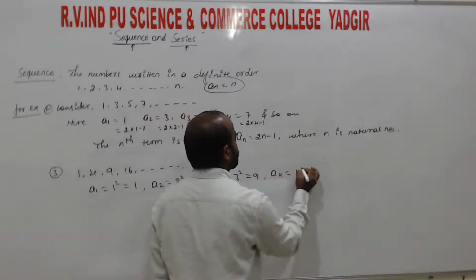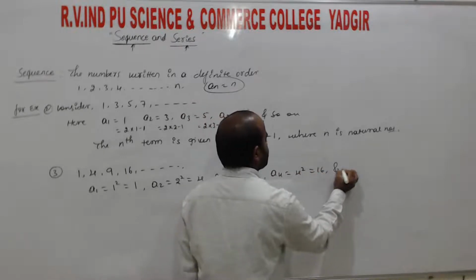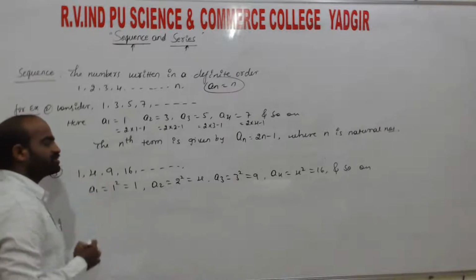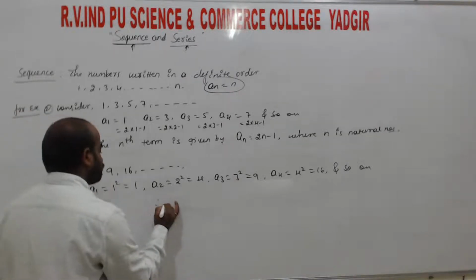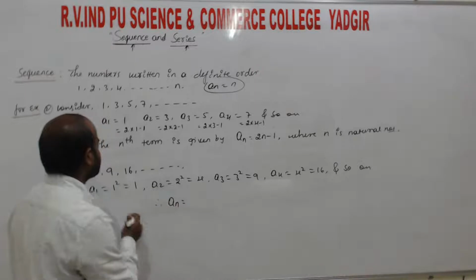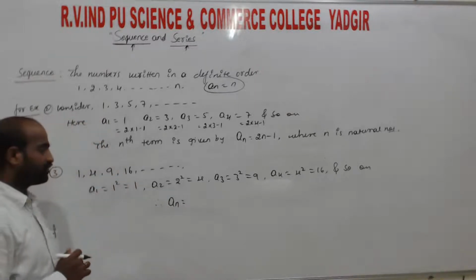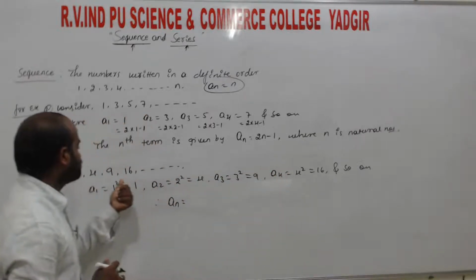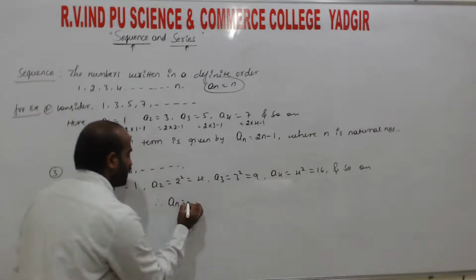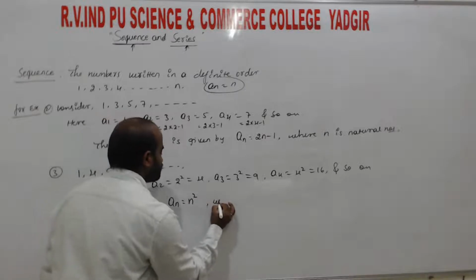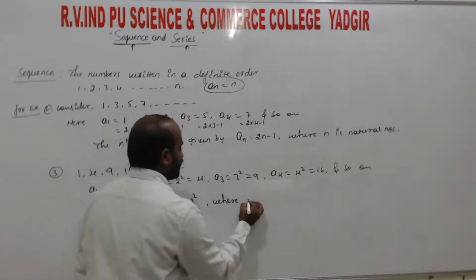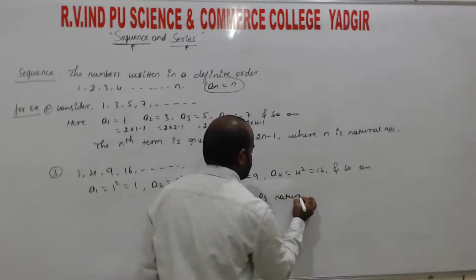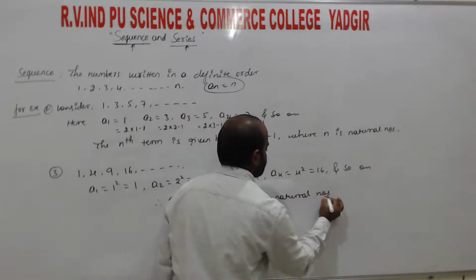A4, 4 square is 16 and so on. Observe that the nth term of this sequence is, therefore, An is equal to n square, where n is natural numbers. These are the sequences.